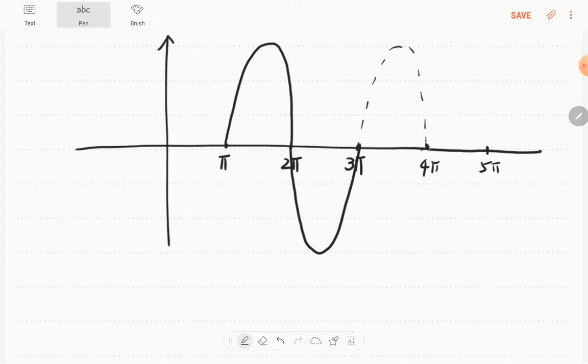I just use the dashed line to denote that we will extend it. Here would be 0, and here is negative pi. So we extend it.